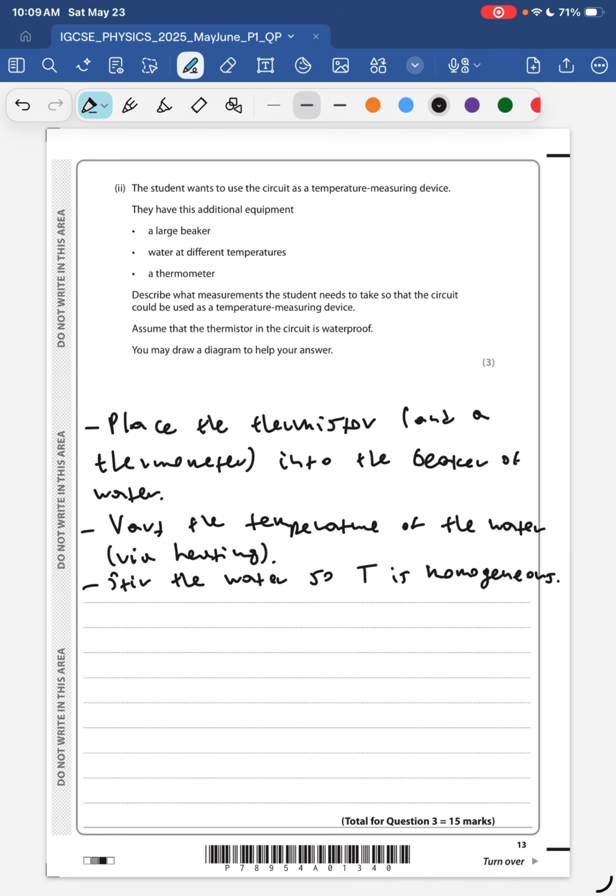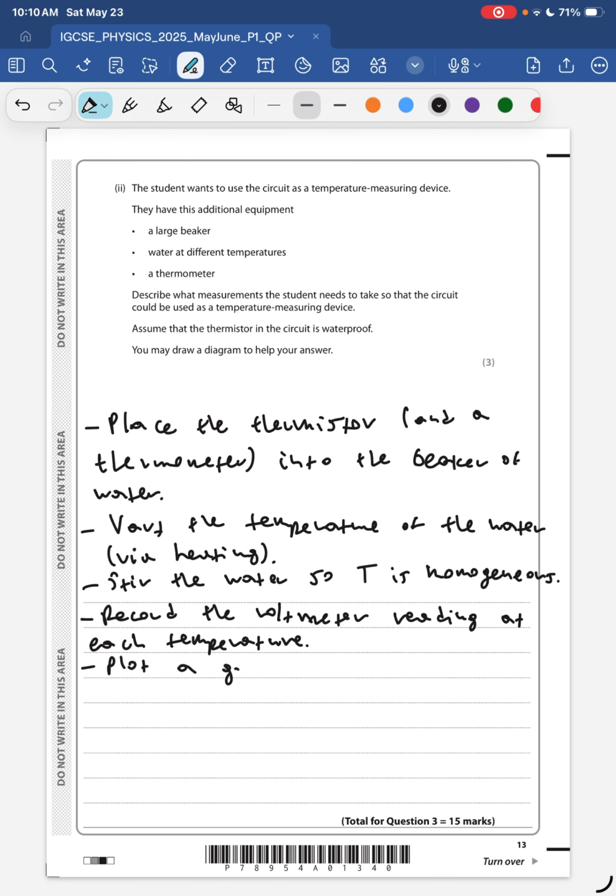Record the voltmeter reading at each temperature. Plot a graph of the voltmeter reading against temperature.